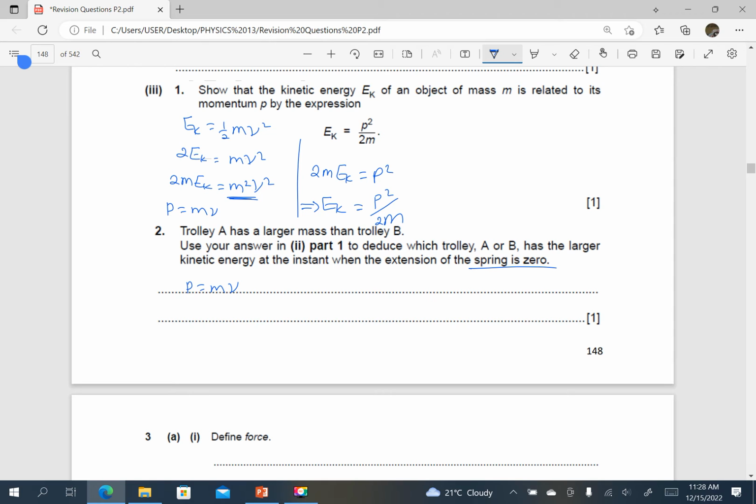So momentum is mass times velocity, and we want to use our answer to deduce which trolley, A or B, has a larger kinetic energy.